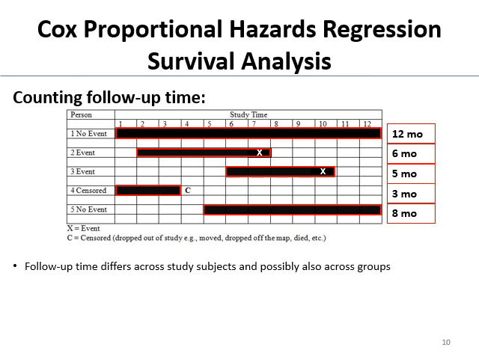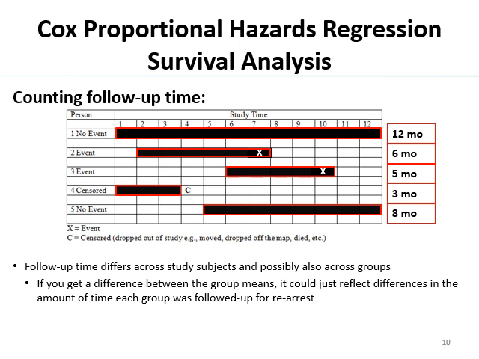So note, first of all, that follow-up time differs across the study subjects. And also average follow-up time could end up differing across the folks who were assigned to jail versus anger management. So follow-up time can differ both across subjects and on average across groups. If you were to get a difference in just the group means, the percents who were rearrested, it could reflect differences in follow-up time if you weren't doing survival analysis.